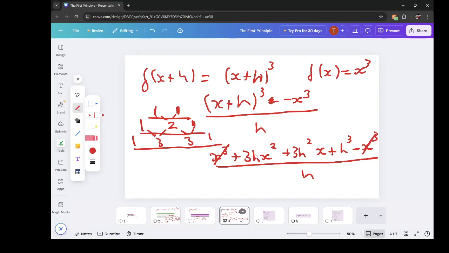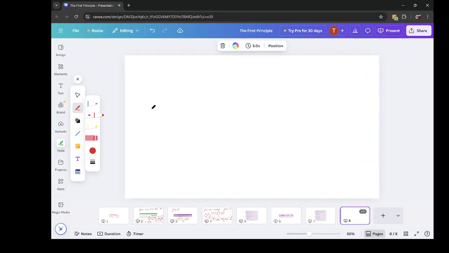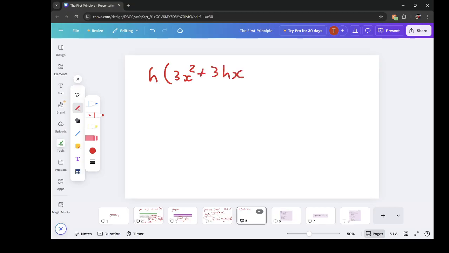So now what we see over here is that each one of these terms has an h in common, and the only term at the bottom is an h. So what we can do is bring this h outside. Let me get a new page. We can take h out, leaving 3x squared plus 3h of x plus h squared, over h.